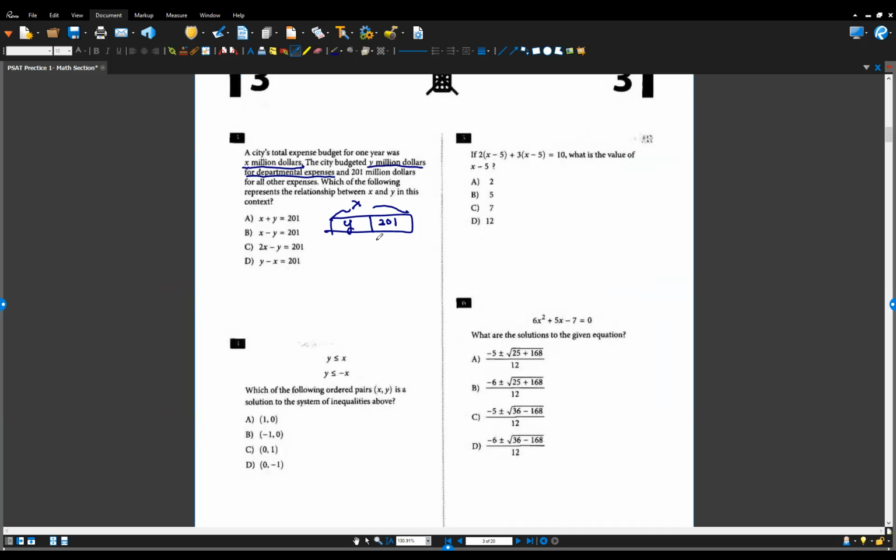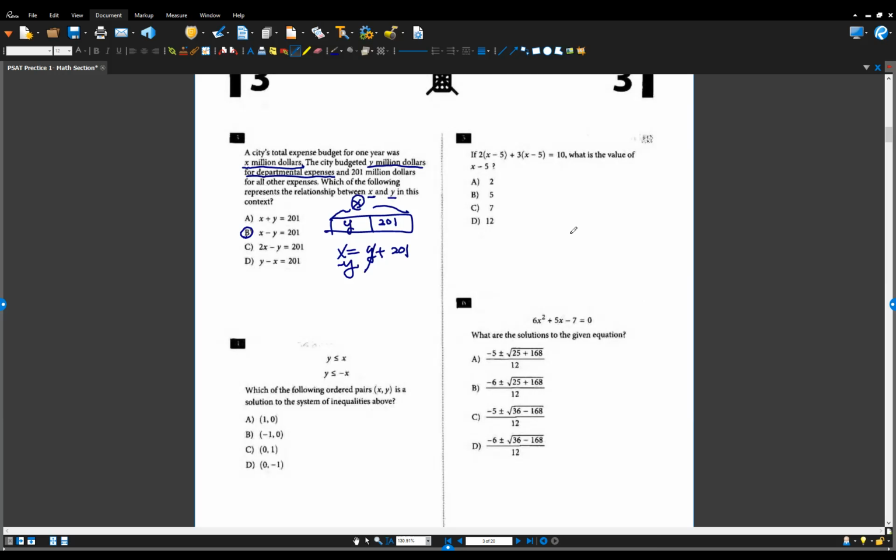Which of the following represents the relationship between x and y? Is it B? Yeah, B is correct. x equals y plus 201, so the equivalent is B. Minus y, minus y.